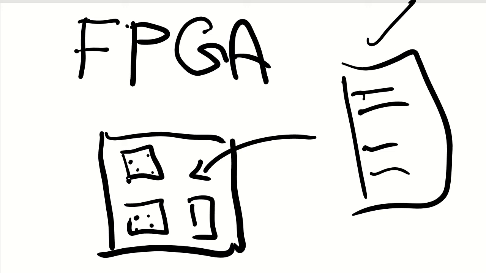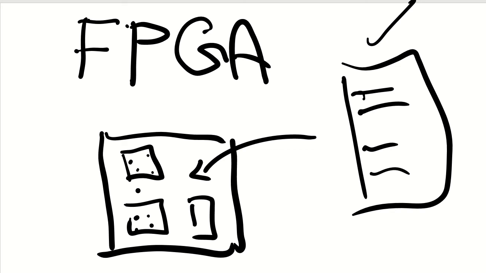So yesterday I talked about what are unit cells, and you have flip-flops inside, arithmetic unit, and you have lookup table, which is like a computer form of truth table.